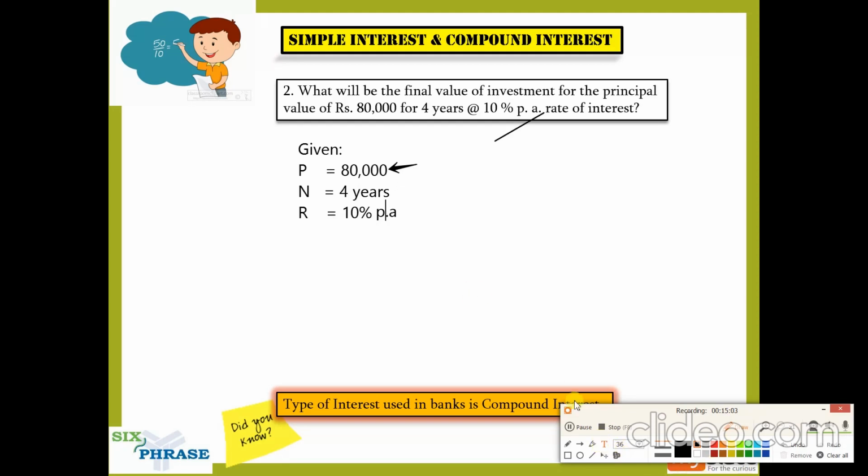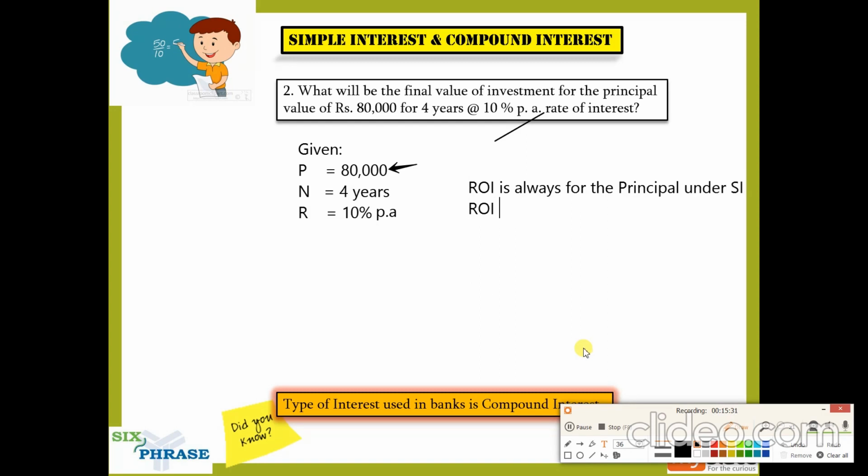I just want to make sure you recount this. Rate of interest is always for the principal under SI, right?